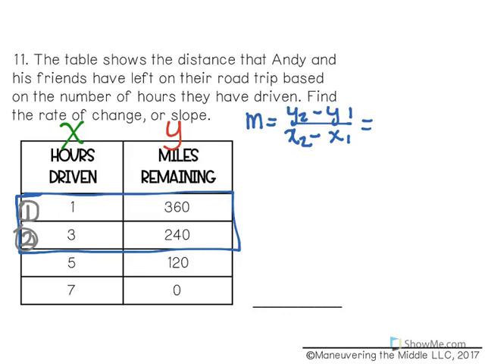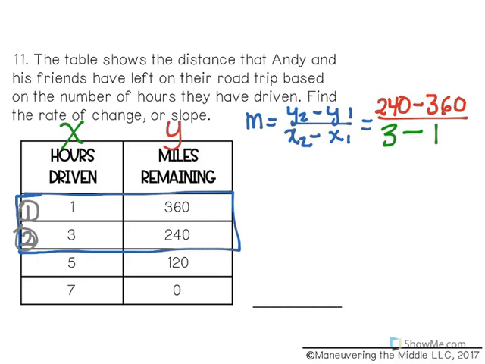So now I'm going to take my y's. My second y is 240. And I'm taking away 360. And my second x is 3. And my first x is 1. So now I'm going to simplify.